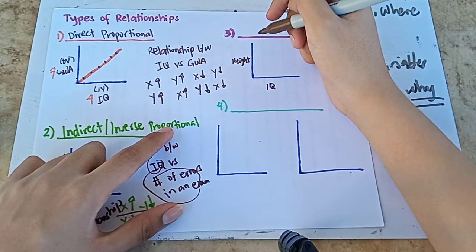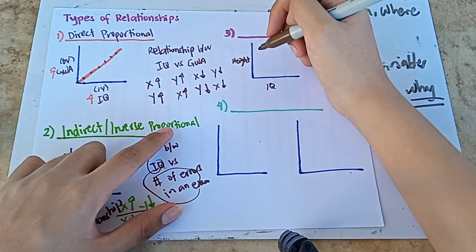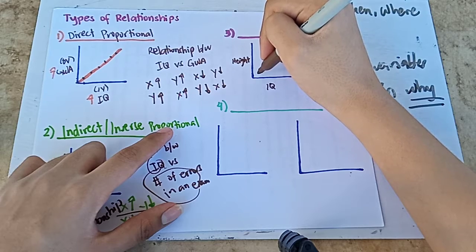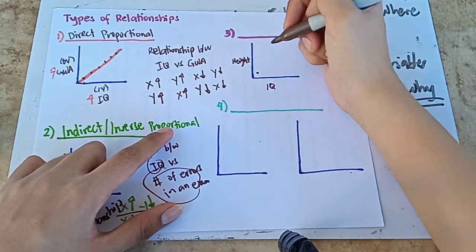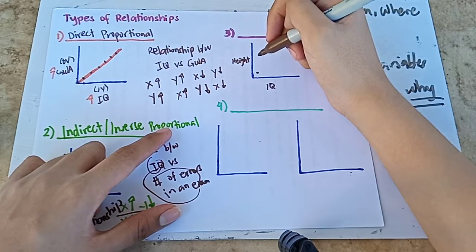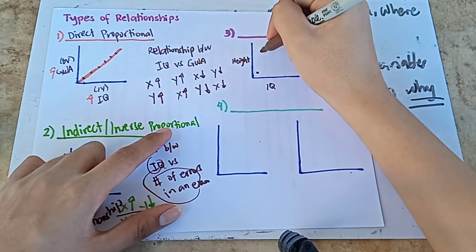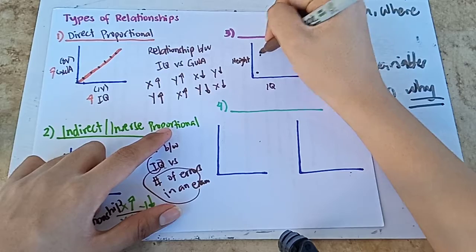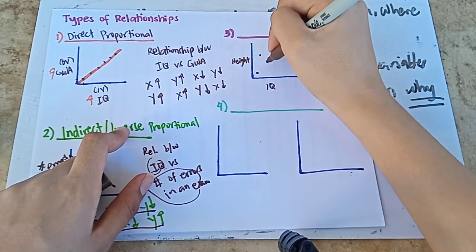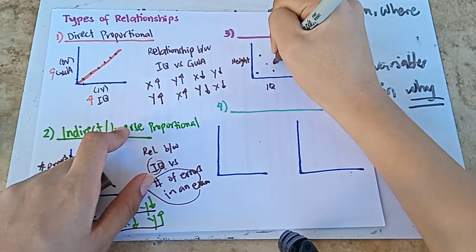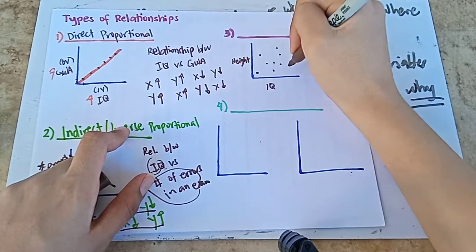Let's say that the IQ of the person is at 1, but his or her height is low. Let's say the IQ is at 2, but he is tall. Let's say the IQ is at 3, but he is just at a moderate height. And so on and so forth.